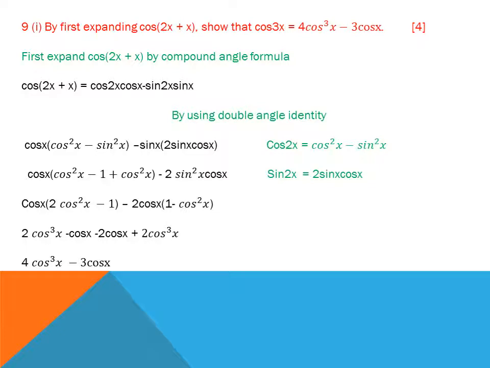So the derivative of cos of x is minus sine of x, and write the denominator sine of x as it is, take a negative sign, cos x as it is, and take the derivative of sine of x, which is cos of x, over sine square x. Sorry, the denominator is sine square x.